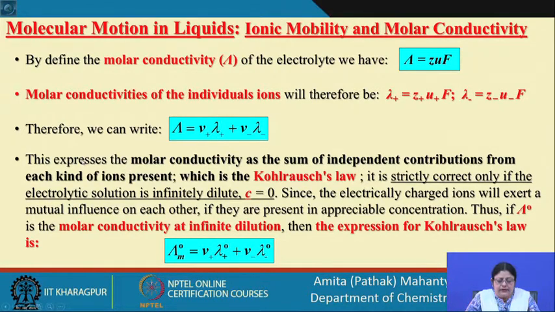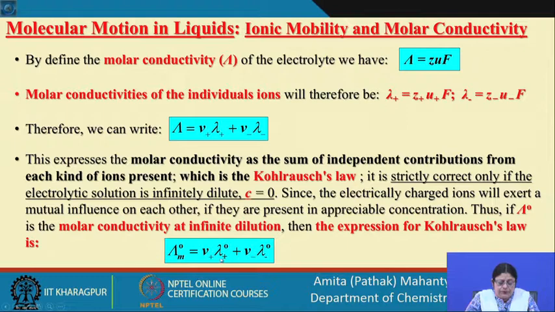So, under the conditions of approaching zero concentration of the electrolyte, this expression can be rewritten as lambda naught. The molar conductivity of the electrolyte is nothing but the lambda naught contribution of the positive ion plus the lambda naught contribution of the negative ion.